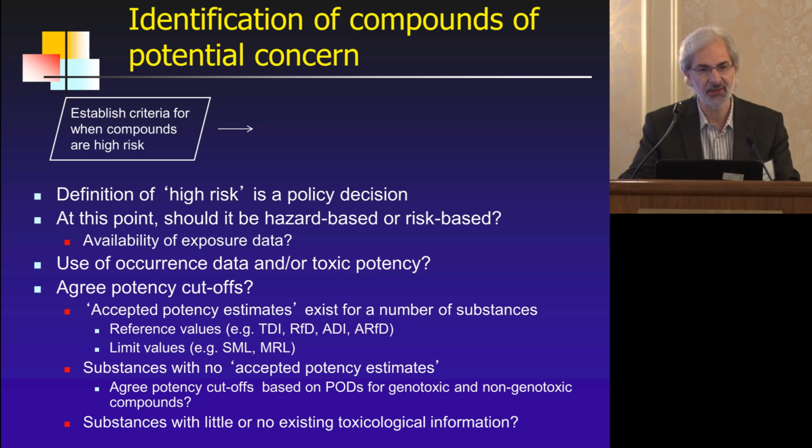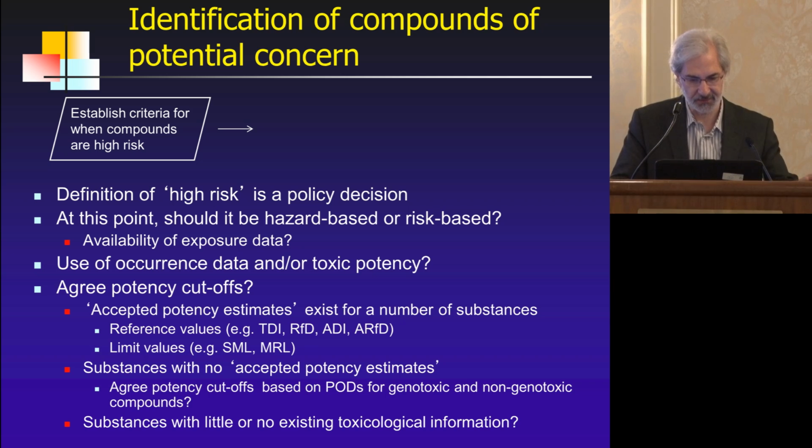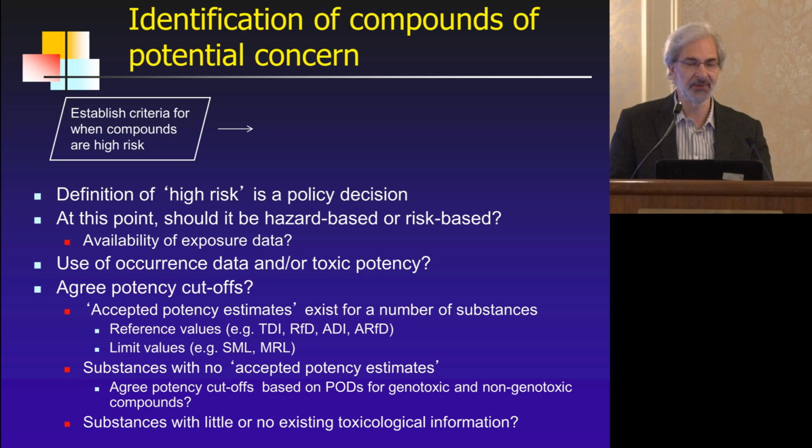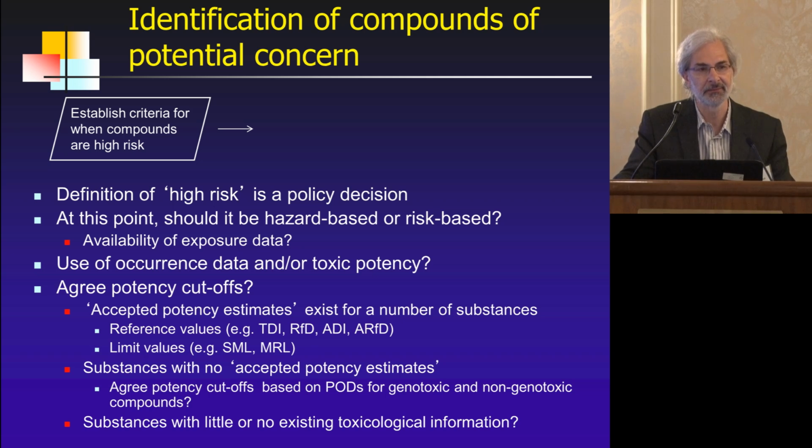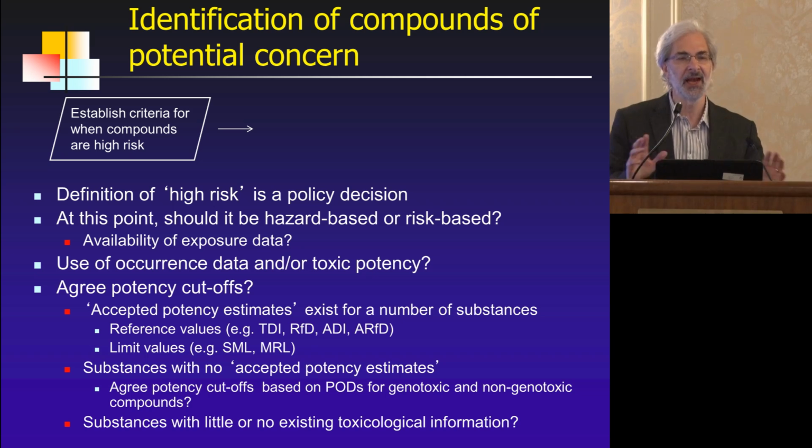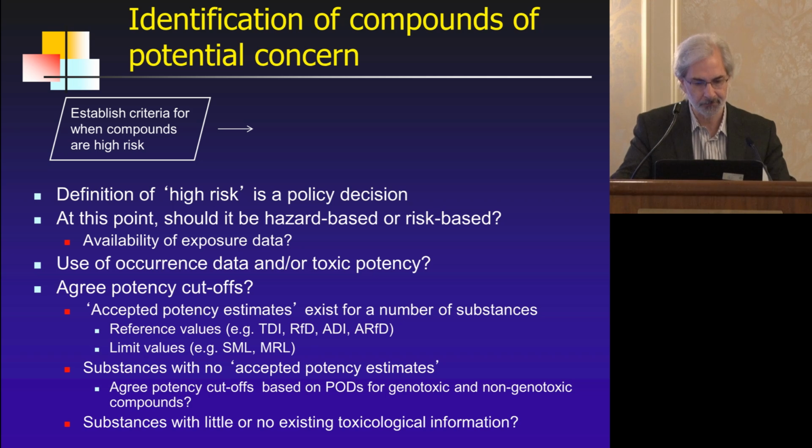And in fact, when you think about it, we have already done this in some areas. We will not set reference values for pesticides which have a no effect level or a BMD above a certain value, because we just think there's not going to be a risk at any conceivable human exposure.